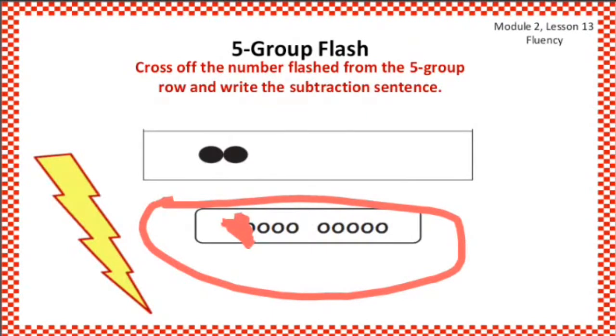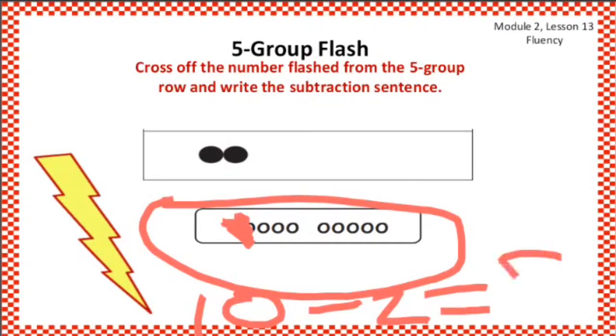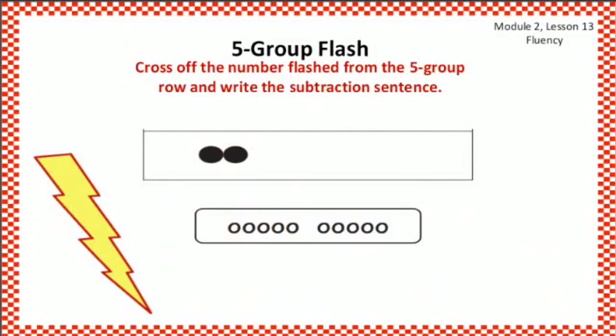How many is left? 1, 2, 3, 4, 5, 6, 7, 8. So that means the subtraction number sentence will be 10 minus 2 because I crossed out 2 equal to 8. Very good. Clap for yourself. So that is all for that.